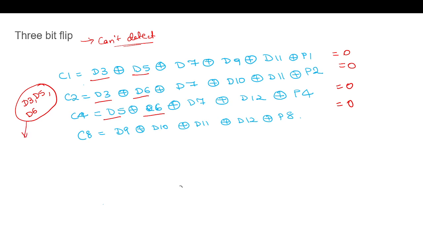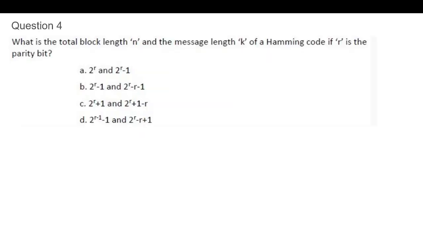Because of this we can't detect all the errors in the 3 bits. So with this Hamming code we can detect 2-bit error and correct 1-bit error. Next we will solve some questions based on Hamming code.